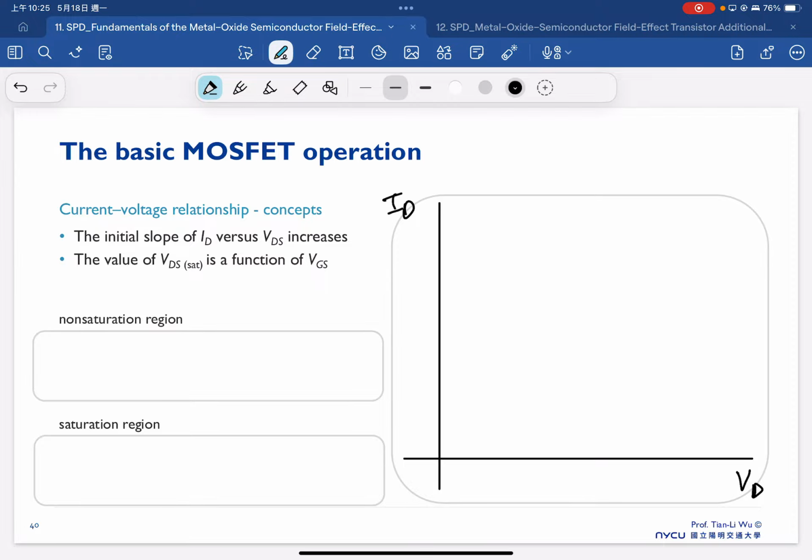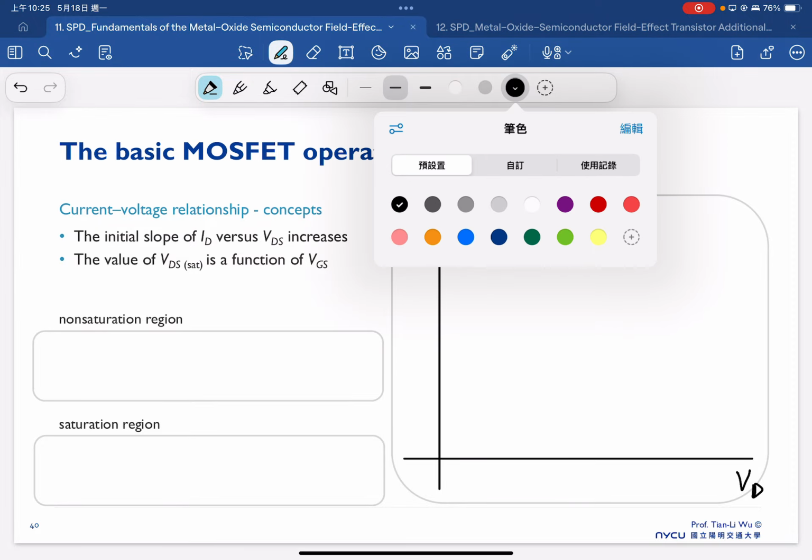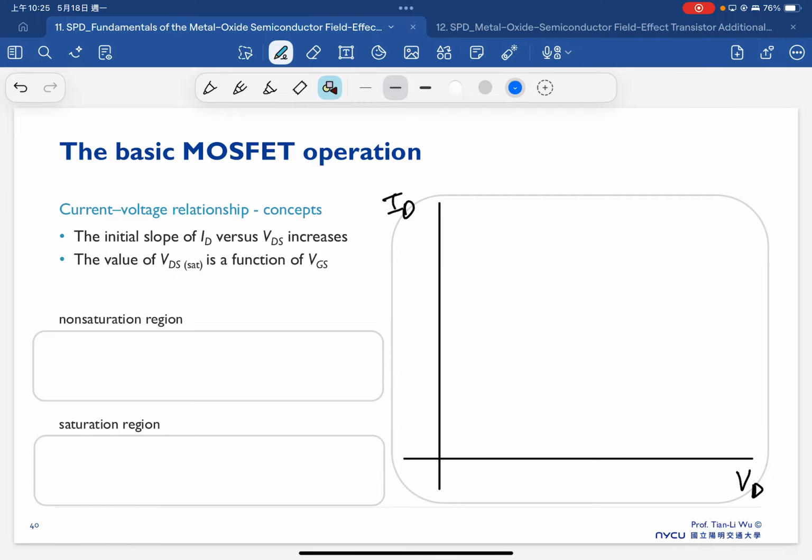The previous graph only showed one curve, which is under one gate bias. But in the end, we are interested in the multiple gate bias characteristic, which will be shown here.